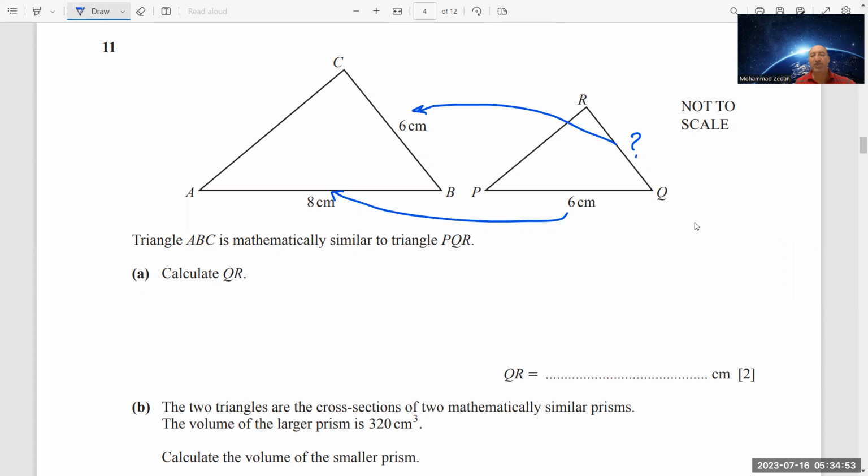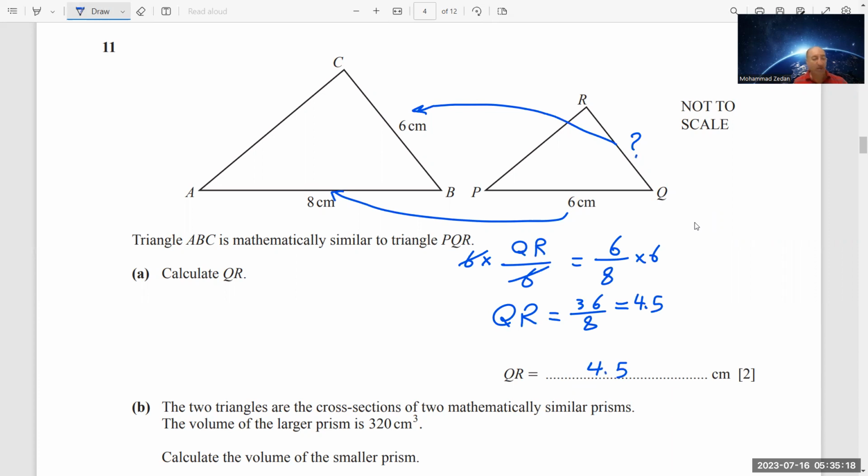I can write this proportion now. QR over 6 is the same as 6 over 8. Just multiply by 6 left and right of the equation to get QR. The QR now is equal to 36 over 8 equals 4.5.